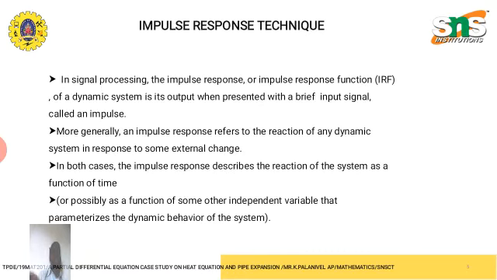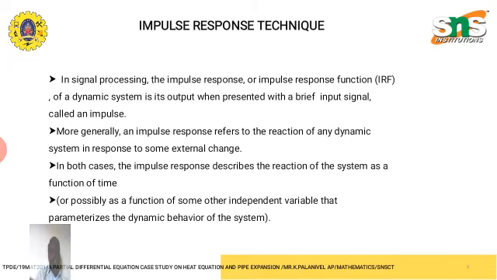Next, going to the impulse response functions. In signal processing, the impulse response or impulse response function of a dynamic system is its output when presented with a brief input signal called an impulse.